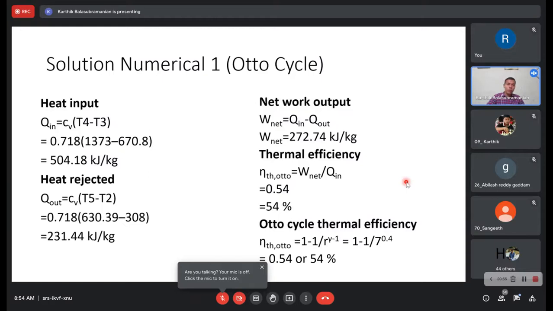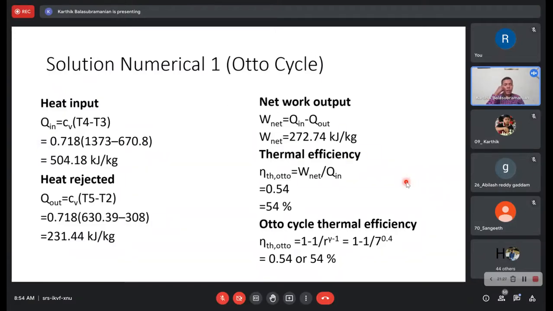So now the heat input. Since the heat addition is happening at constant volume, we are taking Q in as CV delta T, that is CV times T4 minus T3, because the heat addition is happening from 3 to 4 at constant volume. And this is specific heat addition because we don't have the mass here. So the unit you get is kilojoule per kilogram.